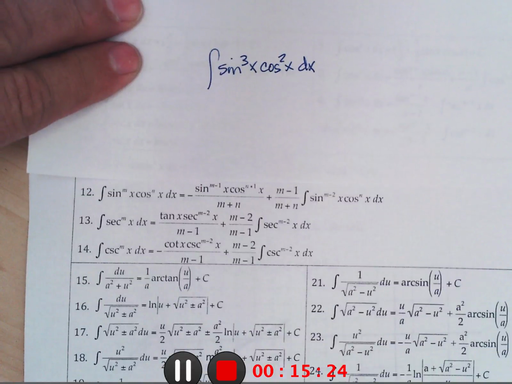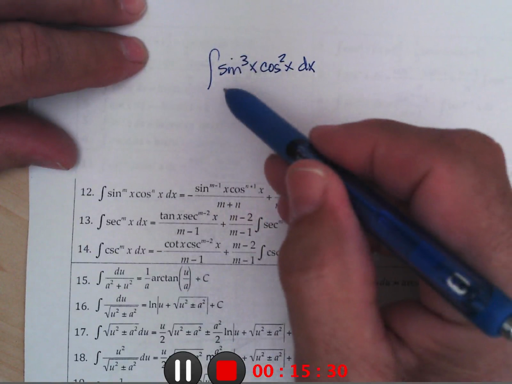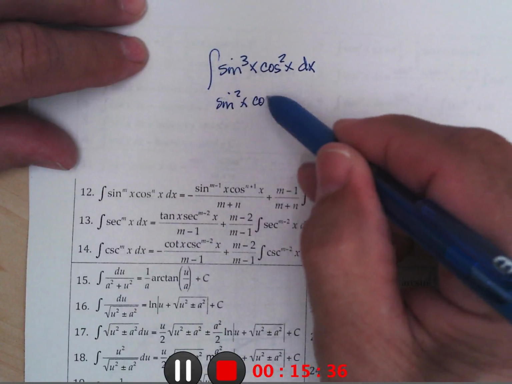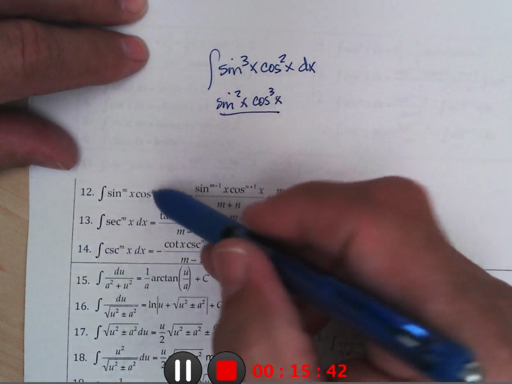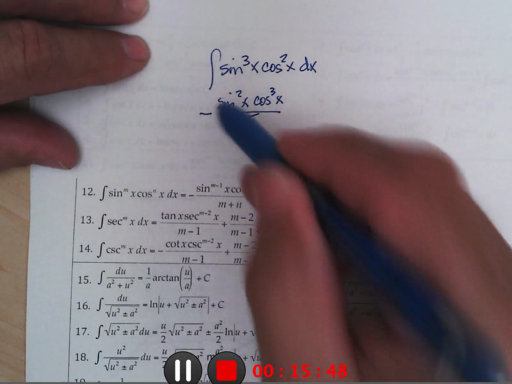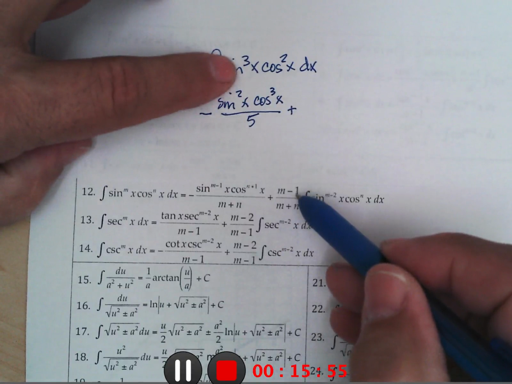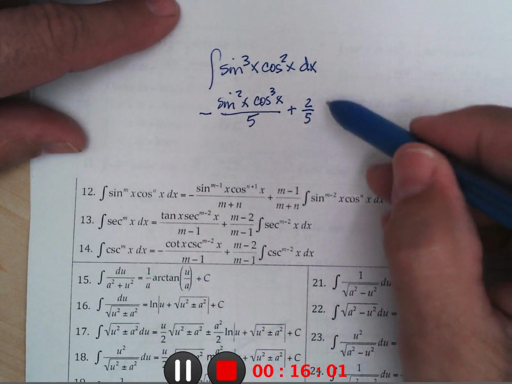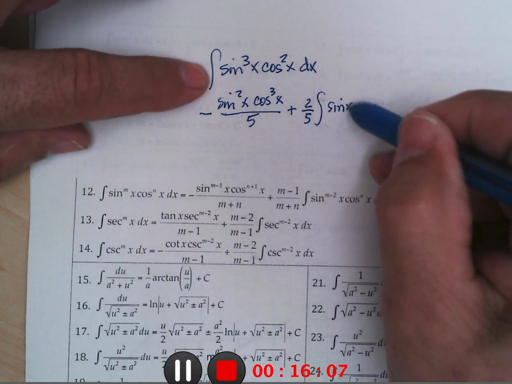Okay, so m is 3, so 3 minus 1 is sine squared x, and add 1, so cosine to the third x, over m plus n, which is 3 plus 2, 5, plus, oh, and it's minus in front of that, don't forget your minus, plus m minus 1, so that'd be 3 minus 1, 2, over m plus n, that's 5, antiderivative, sine reduced by 2 would be sine x, the cosine squared stays the same, dx.